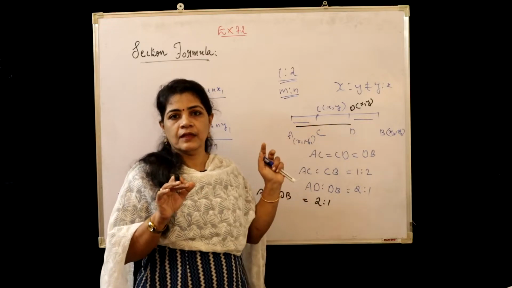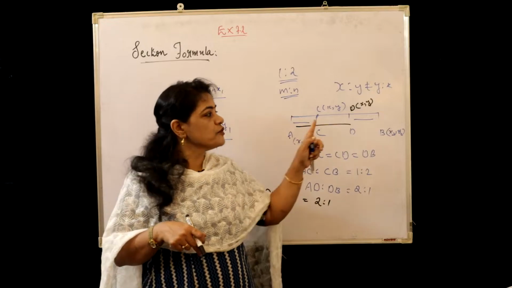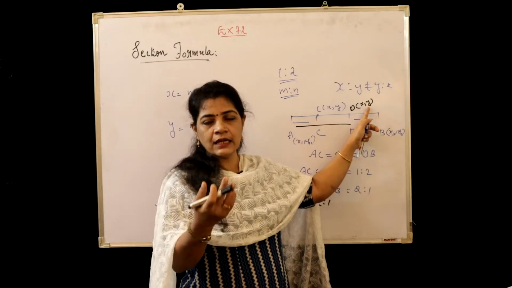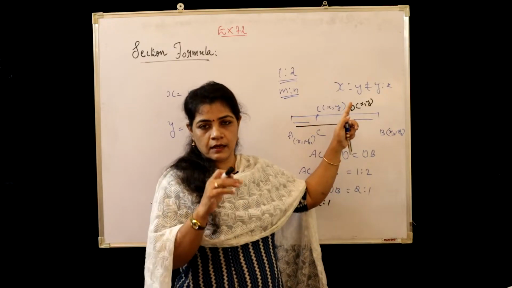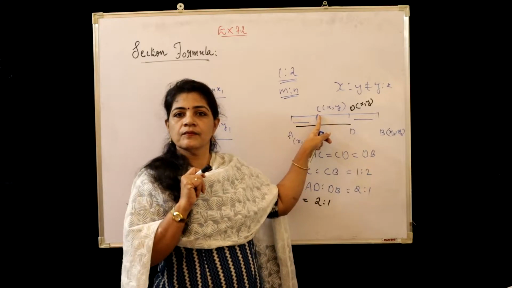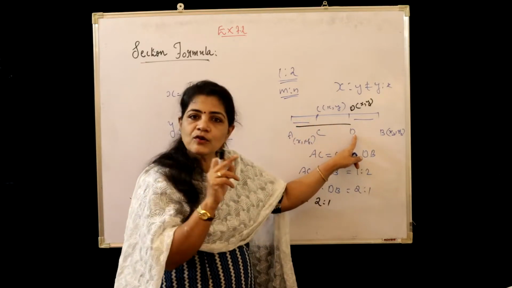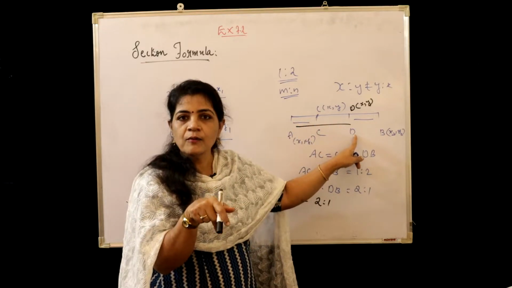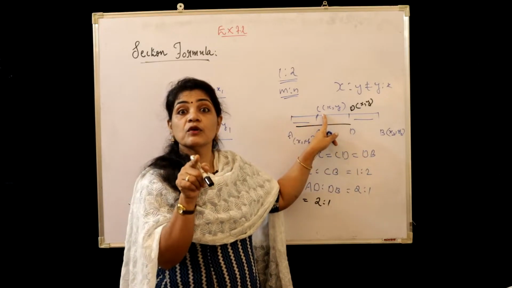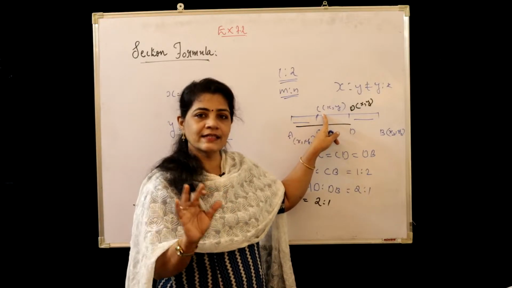But my question is, without using the section formula, after getting the coordinates of D as x comma y using the section formula by taking m:n as 2:1, see, children, here C is the midpoint of AD. Now you have the coordinates of D also using the section formula. My question is, will you get the coordinates of C without using the section formula? You can also definitely use the section formula, you will get it.